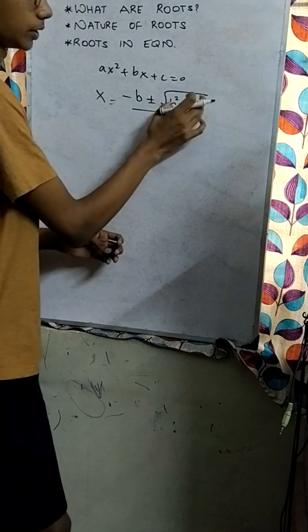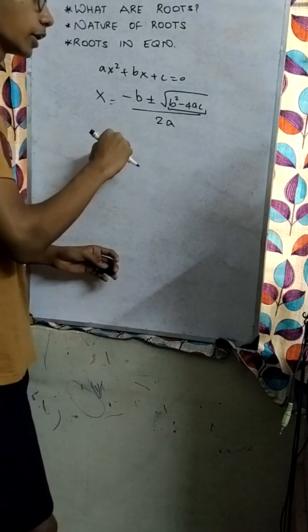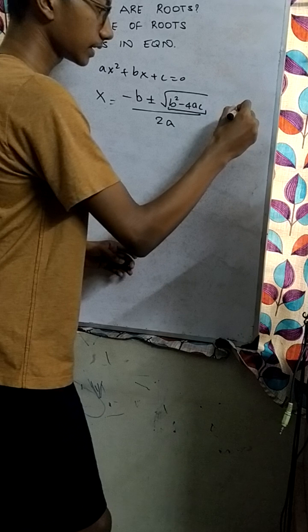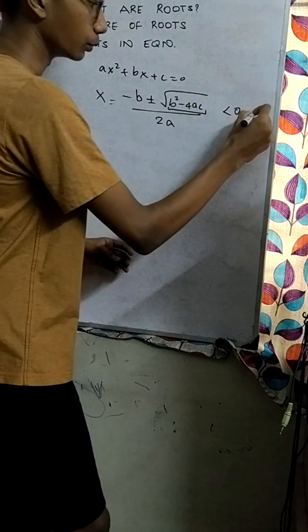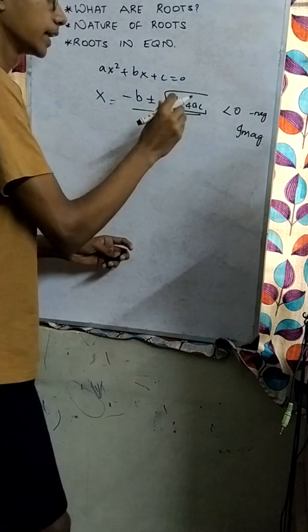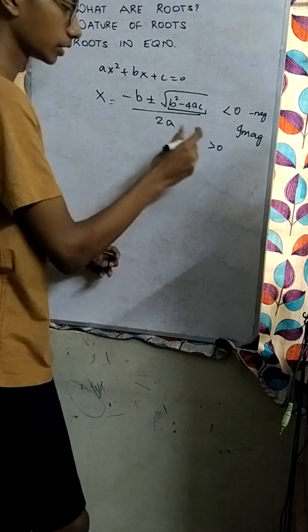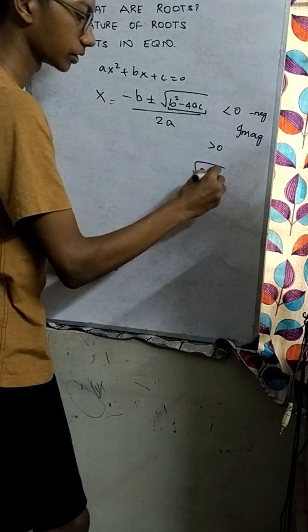If the term inside the square root, that is the b square minus 4ac, which we saw previously, is less than 0, then the value inside the root will be negative, which will obviously be imaginary. If this is greater than 0, then we will have real numbers, since root of any positive is real.